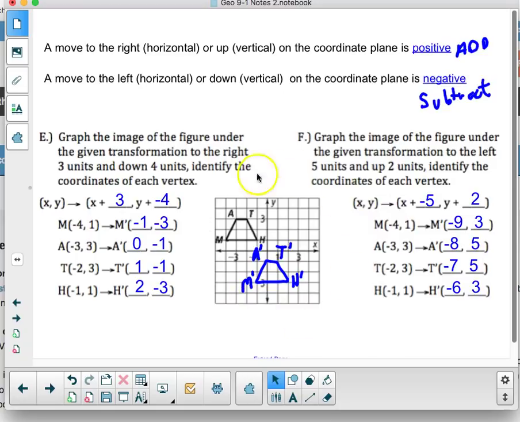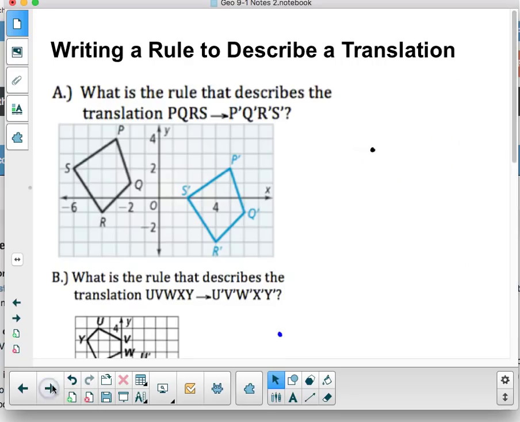Again, I wouldn't have been able to graph it because this graph paper is too small. Now, writing a rule to describe a translation. You've seen the rules; I've provided them for you. You go from one point, the pre-image, to the image at corresponding points. Let's talk about an x position.